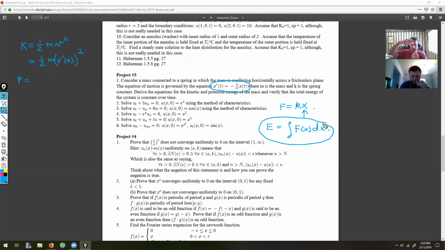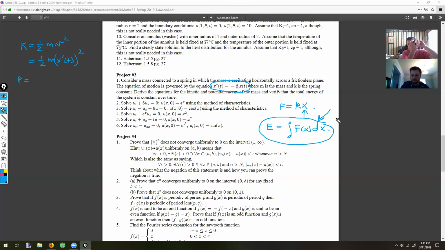If we take the spring and stretch it, the mass stretches it downward, so now there's some potential energy built up in that spring because it wants to pull it back. The amount of potential energy it has is given by this equation right here.